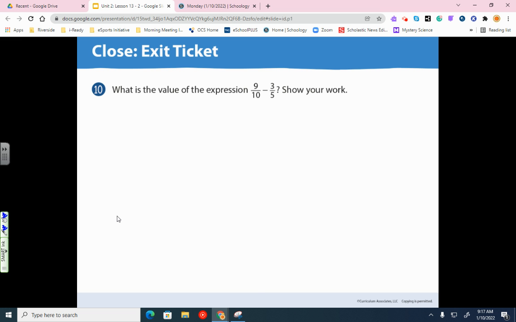Number 10, what's the value of the expression 9/10 minus 3/5? Now for this one, 10 is a factor of 5, which means that is our common denominator. So remember, you can do a quick check.